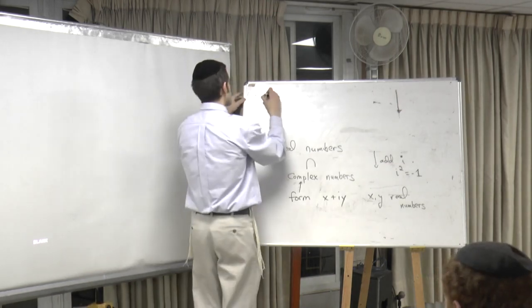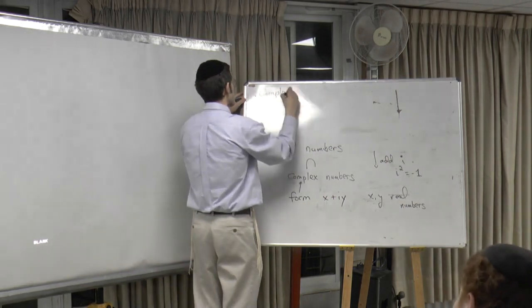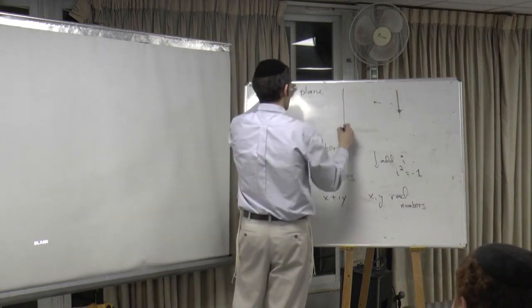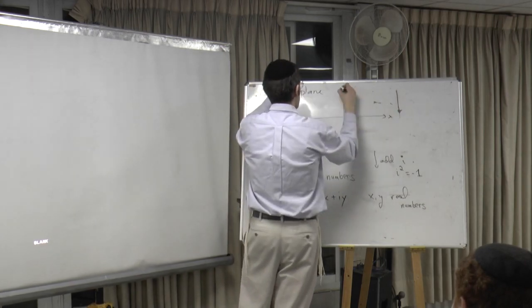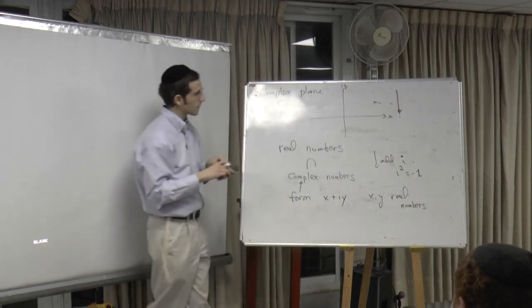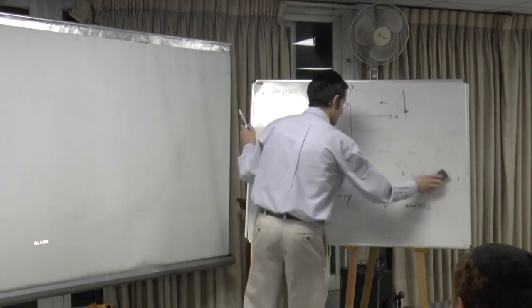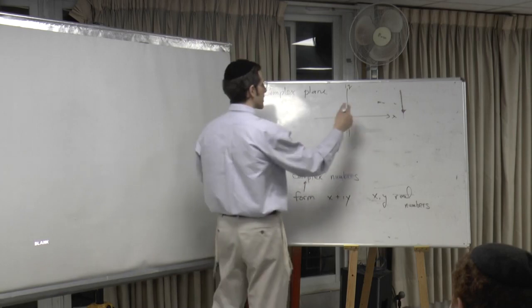So you have the complex plane. You have x here and iy here. And of course in the plane you can talk about a circle.